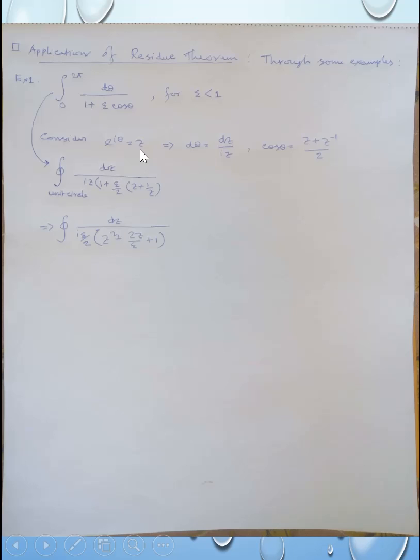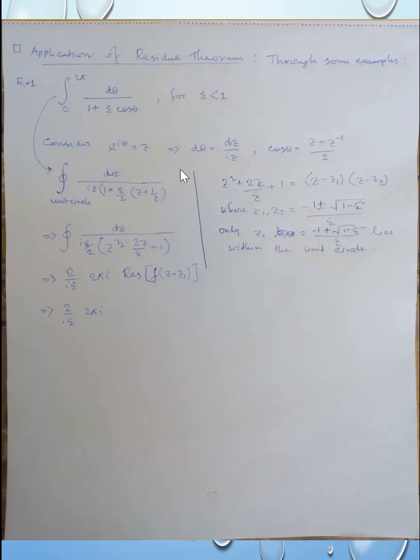And also accordingly you have to replace all the parameters in the function like d theta and cos theta, and if you replace them you will get a quadratic equation. Now to solve the quadratic equation you have to apply Sridharacharya's method. By applying Sridharacharya's method you will find two roots here.